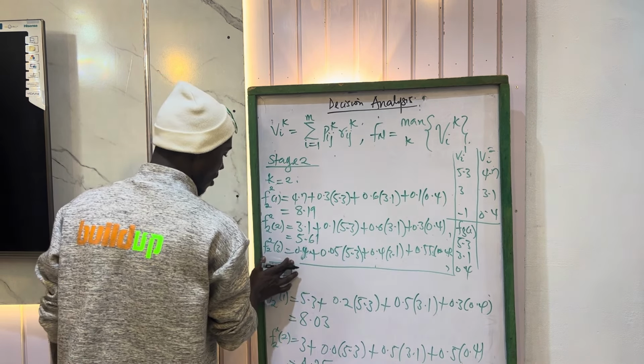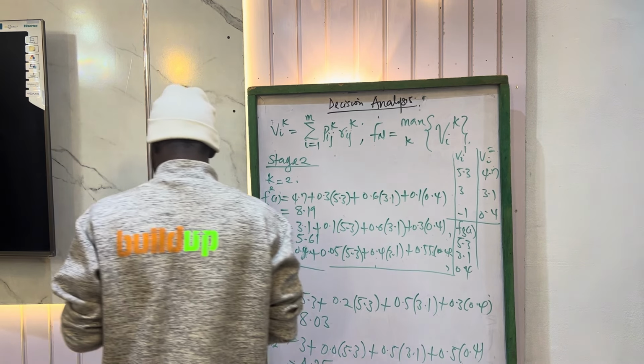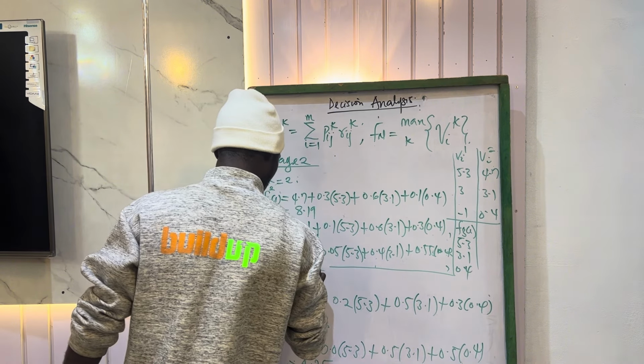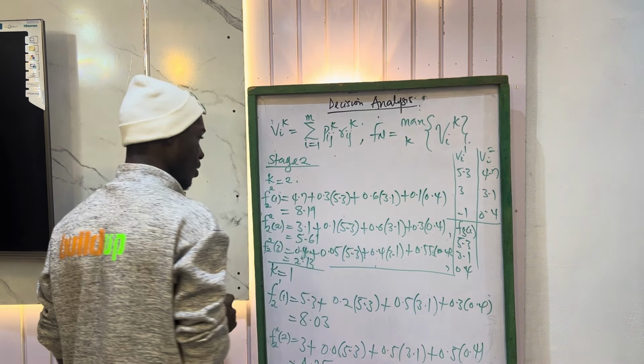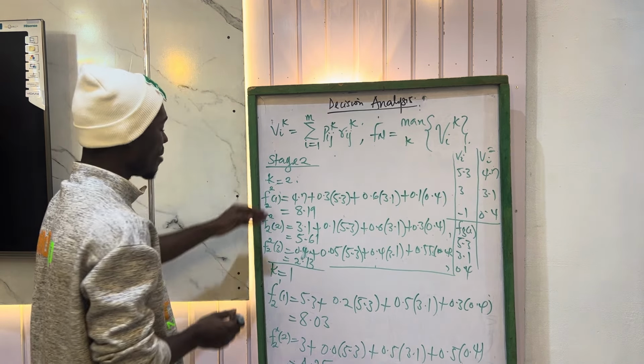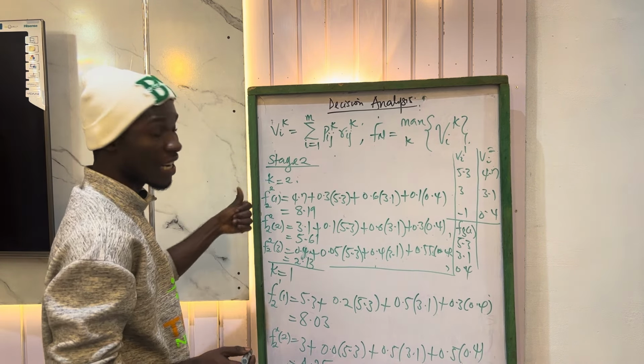This will give us 2.13. So we have determined all these values for the respective functions at stage 2.